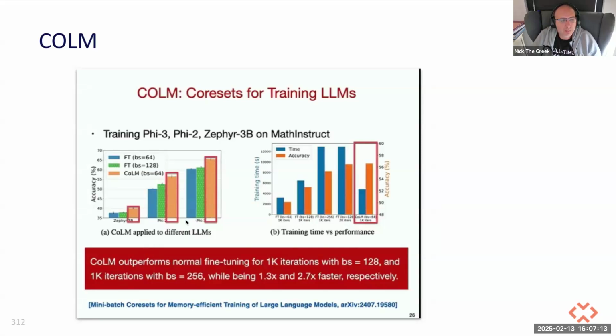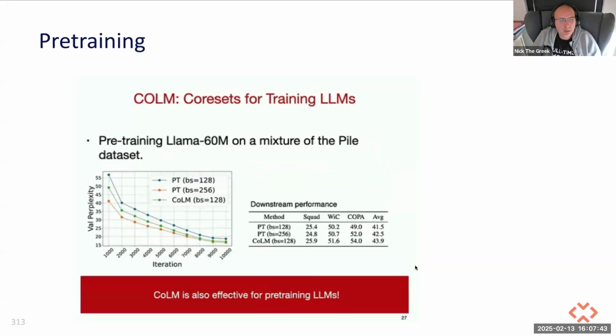The method is called COLM, coresets on training language models. Finding coresets is not an easy task, but apparently they did a pretty good job. COLM outperforms normal fine-tuning for 1,000 iterations with batch size 128 and 1,000 iterations with batch size 256, while being 1.3 and 2.7 times faster respectively because they're choosing less data.